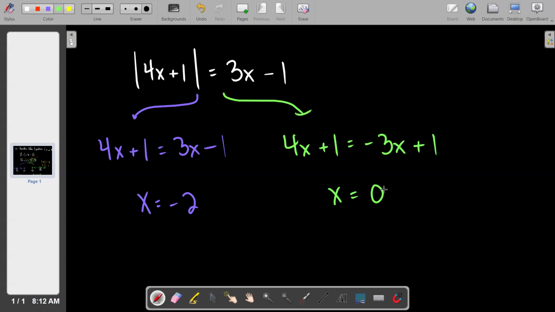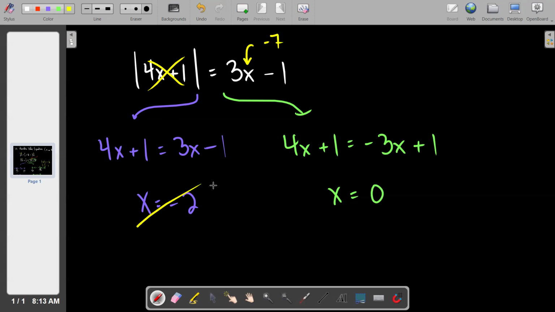Let's start with negative 2. Really, honestly, I don't even give a rip what's inside. I have enough information right now that if I put negative 2 right there, what's 3 times negative 2? Negative 6 minus 1. You're never going to get the absolute value of anything to equal negative 7. Therefore, this one is going to be no good. No bueno. Right?